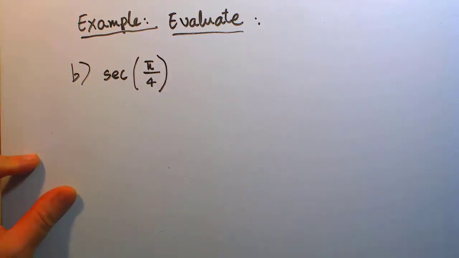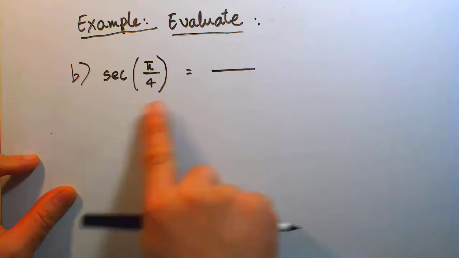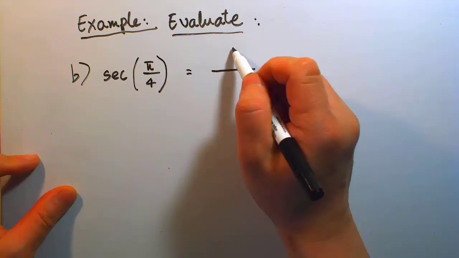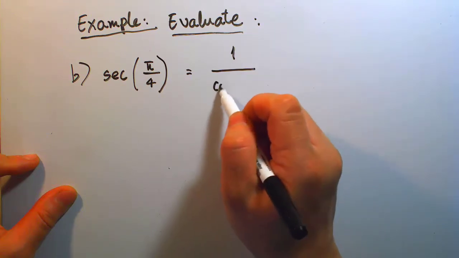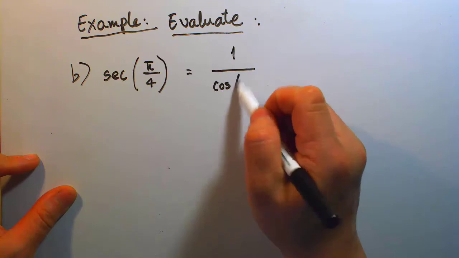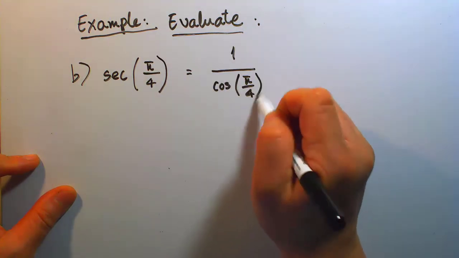Once again, starting out, it's always good to rewrite the secant expression by its own definition. So 1 over cosine, and that's what secant is defined as, 1 over cosine of the same angle. So here it's pi over 4, so 1 over cosine of pi over 4.